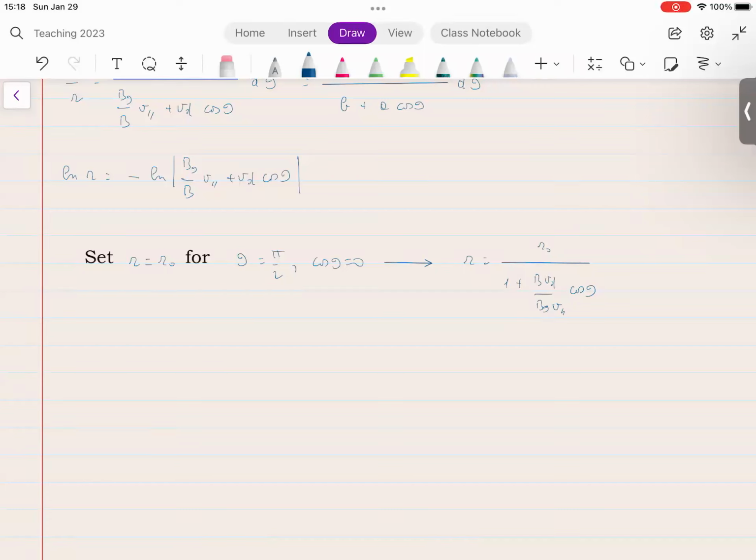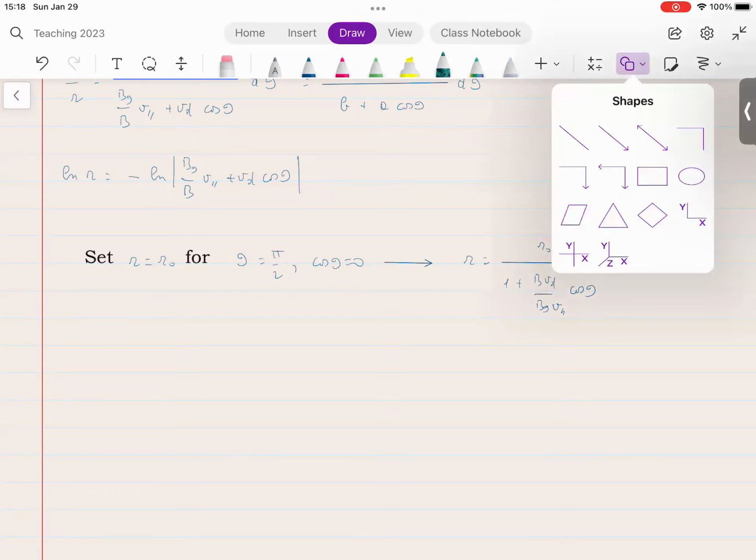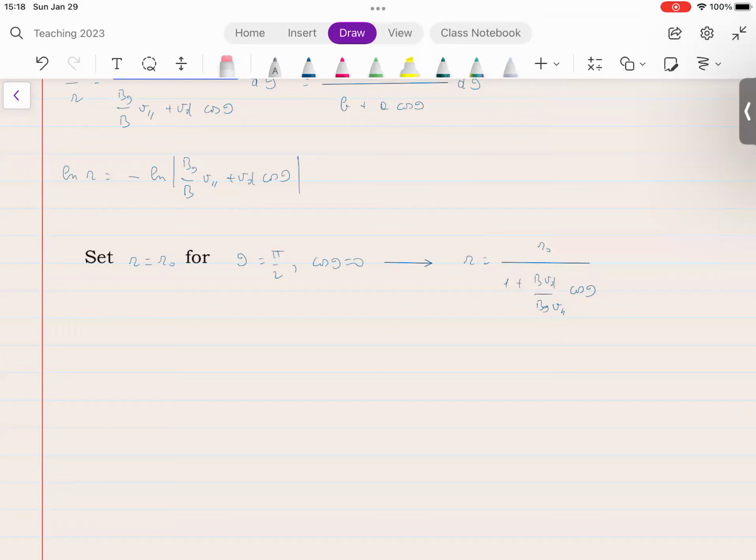And this is so far, under the assumptions we are taking, an exact integral.